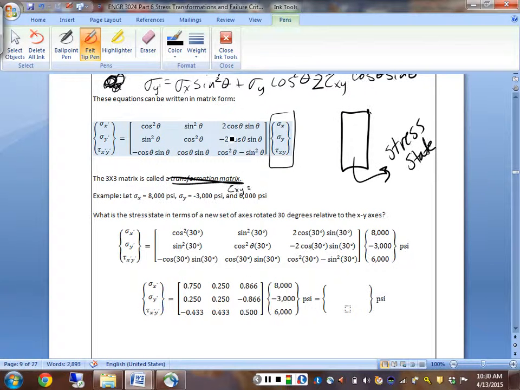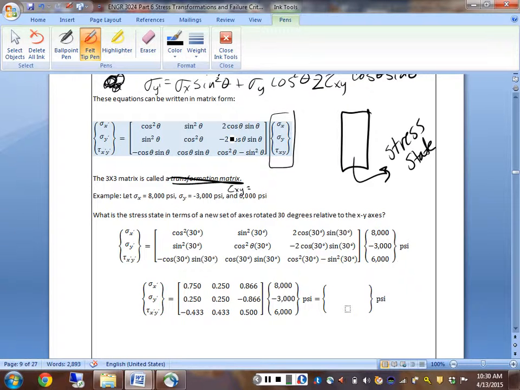Okay, what does that look like in terms of our little cube of material? Sigma x is this, sigma y is that, and tau, how do I know which way to draw the arrow for tau?